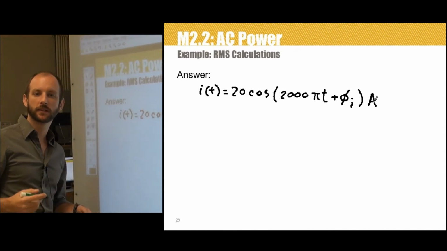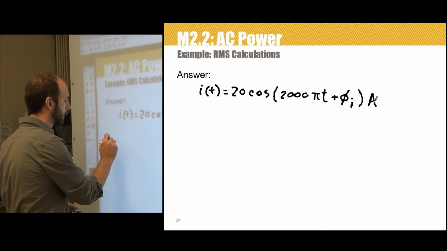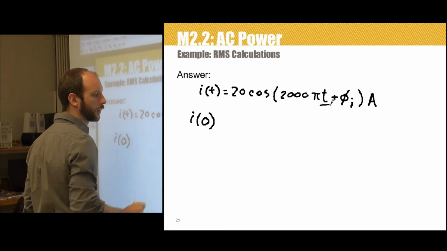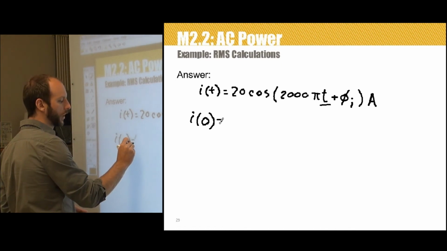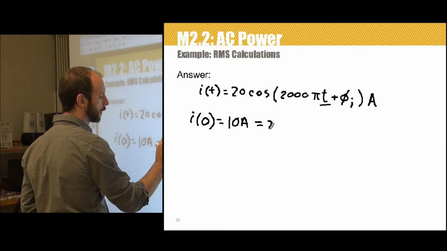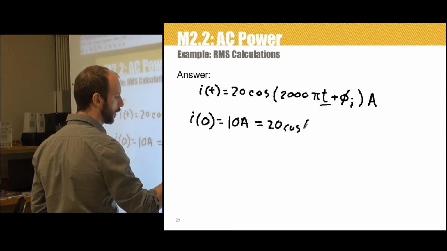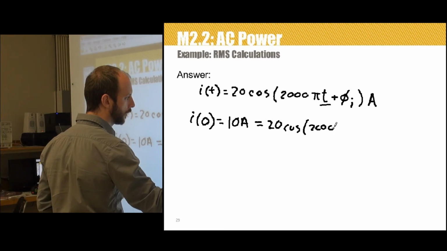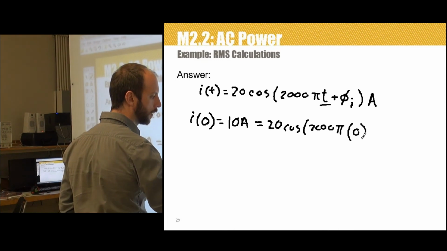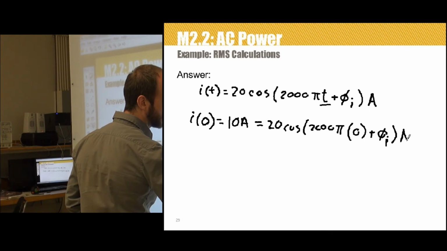The information says that at t equals 0, the instantaneous value was 10 amps. How we write that is i of 0, because remember the argument of i of t goes here, so we put in 0, equals 10. We were told it was 10 amps. That's the instantaneous value. The time domain expression is still 20 cosine of 2000 pi, now we need to plug in 0 for t, plus phi sub i amps.